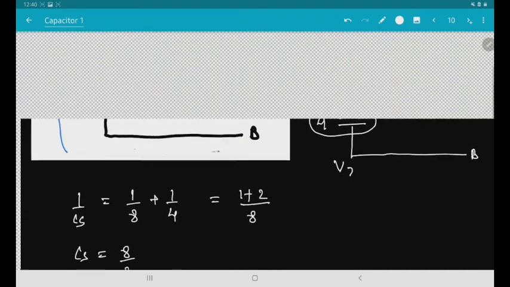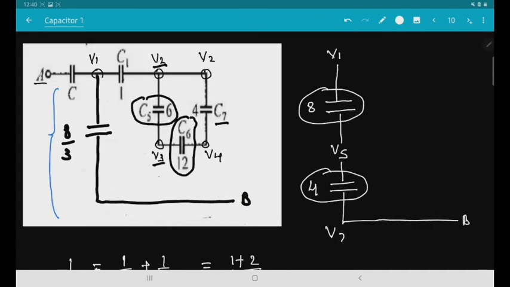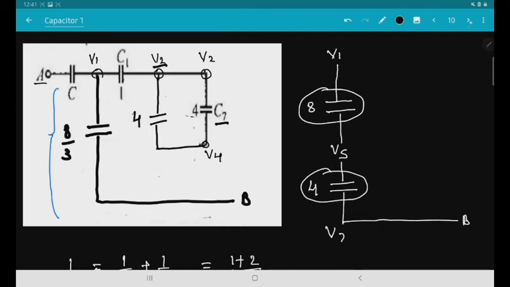So we can replace these two capacitors here. Okay, I have replaced them by the equivalent that we got, that is 4. Now we can combine this with C7. As you can see, both this C7 and this capacitance have the same starting point and the same ending point, that is V4. So that means they must be in parallel.